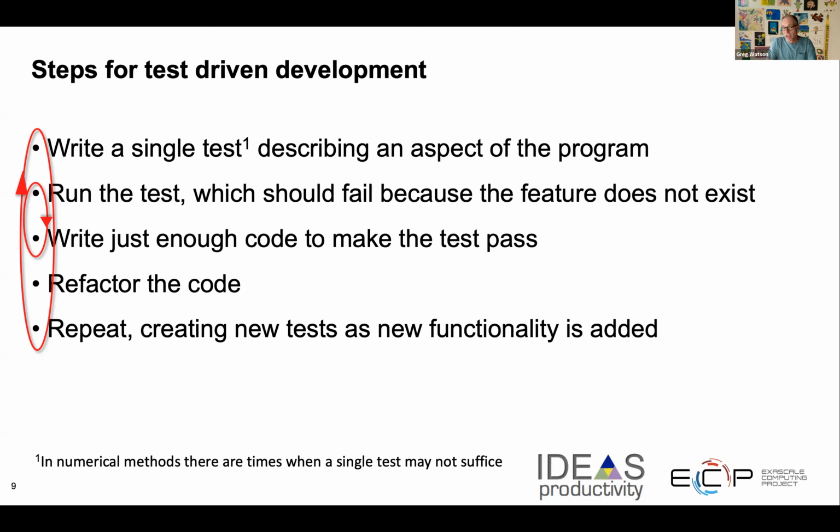And then once you've done that, you have that feature implemented, and you can repeat that, creating a new test for the new functionality, and then repeating that loop. So it's fairly simple, but it's predicated on writing those tests before you write the functionality.